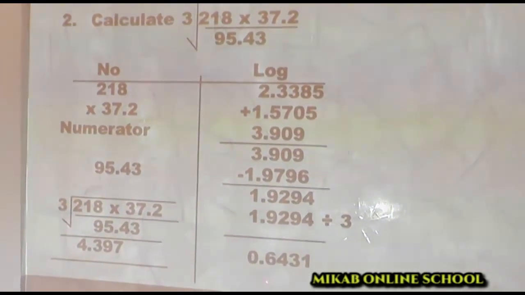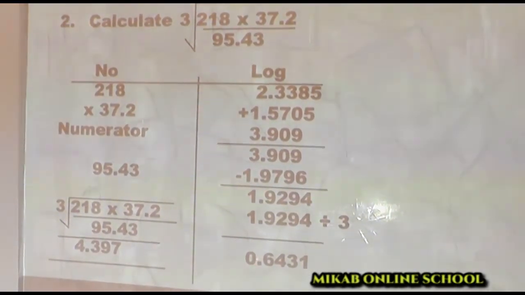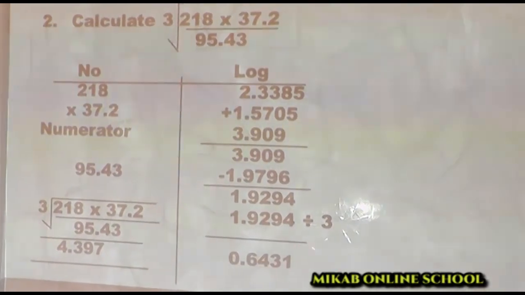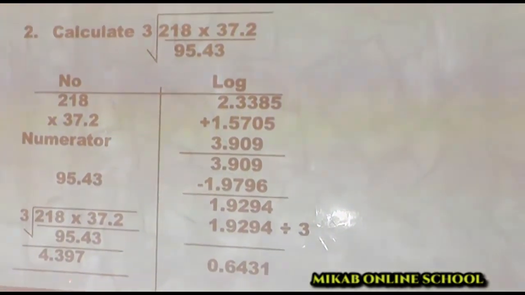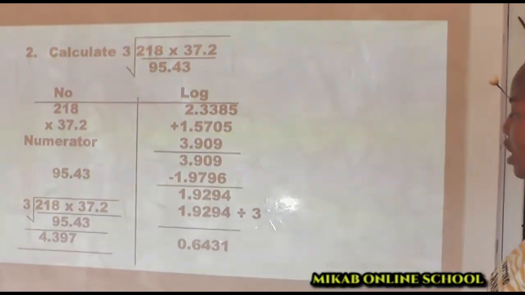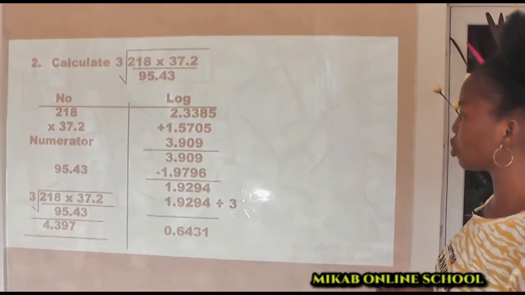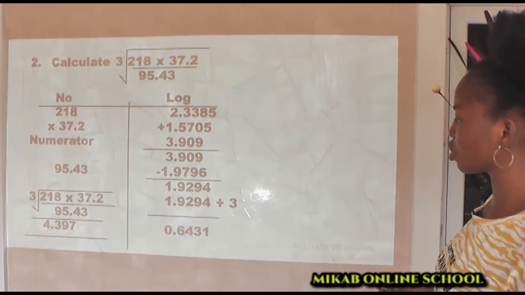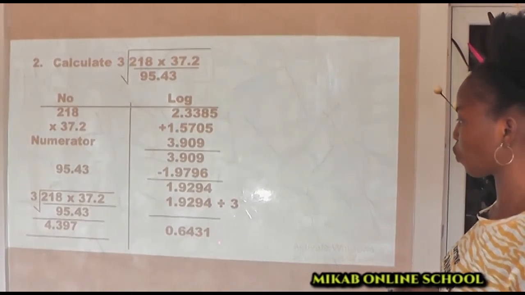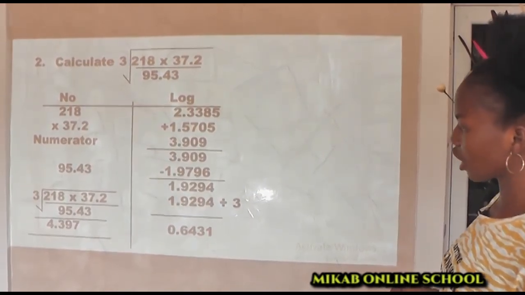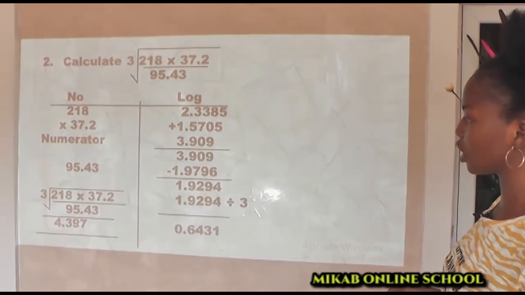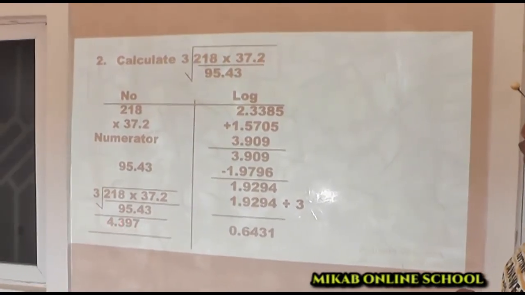Now that means 10 raised to the power of 0.6431 will give a number, which is the antilog. That will take us to the antilogarithm. Finding the antilogarithm of this number, we check for 0.64 under 3 and a difference of 1. Then we have 4397.